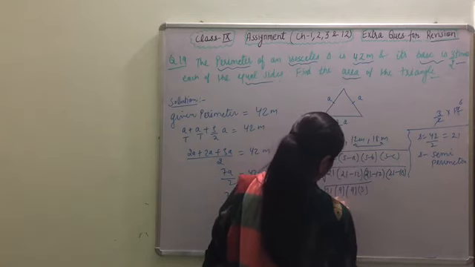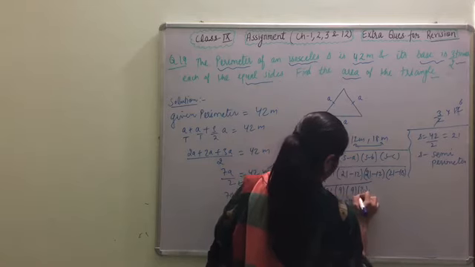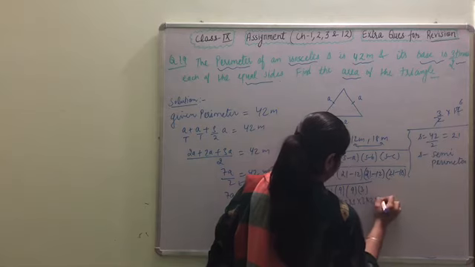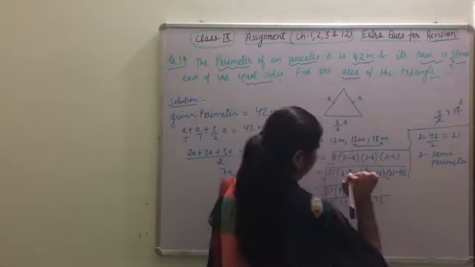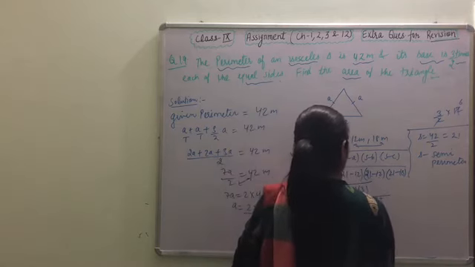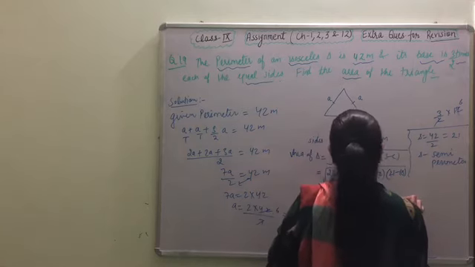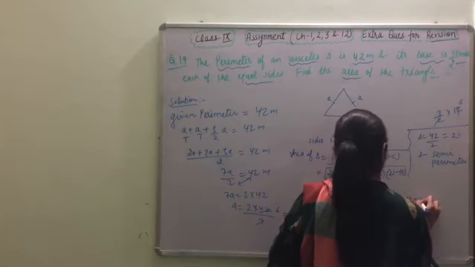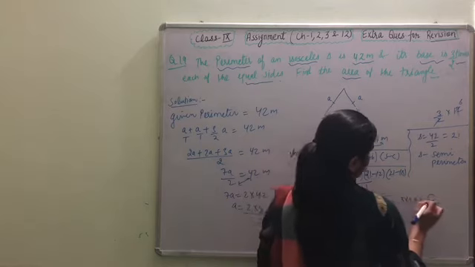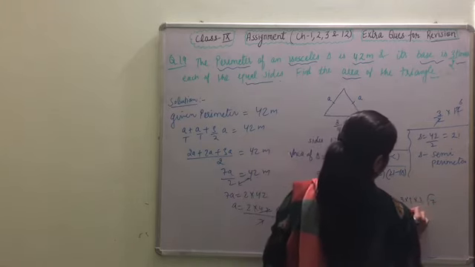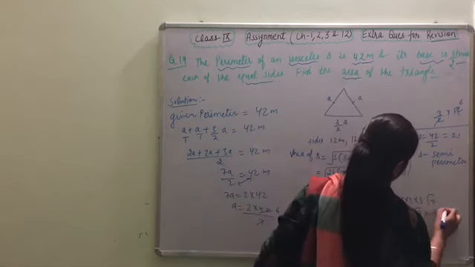Prime factors of 21 is 3 into 7, 9 is 3 3s are, again 9 is 3 3s are, last term is 3. Here 3 is occurring thrice and 7 is occurring a single time, so it stays in the root. So 3 into 3 into 3 root 7. 3 3s are 9, 9 3s are 27, root 7, and the unit was meter square. This is the area required.